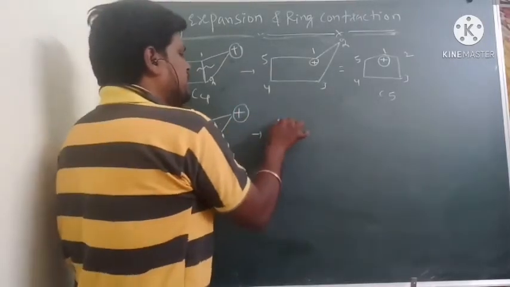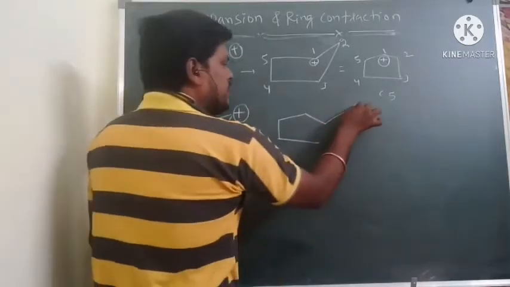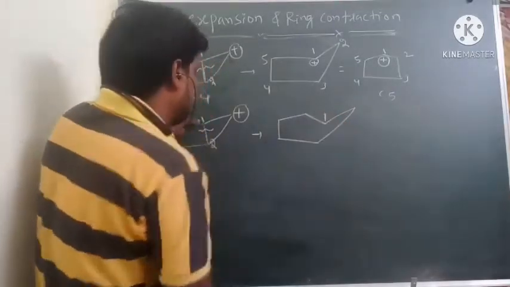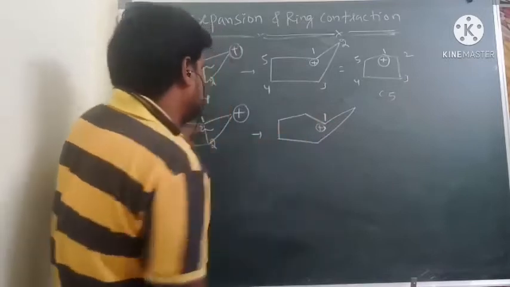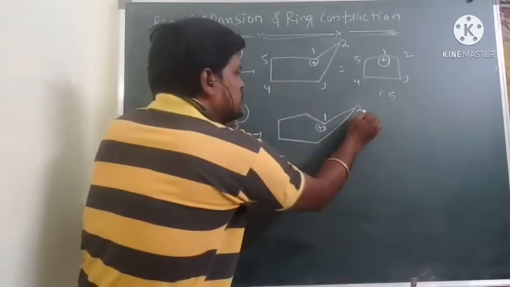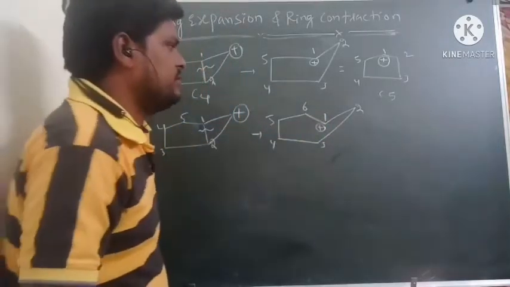In the next step, this is the structure. This is the first carbon; it lost a bond, so the first carbon gets the positive charge. The second carbon bonds with this carbon, so it is a 2, 3, 4, 5, 6-membered ring.